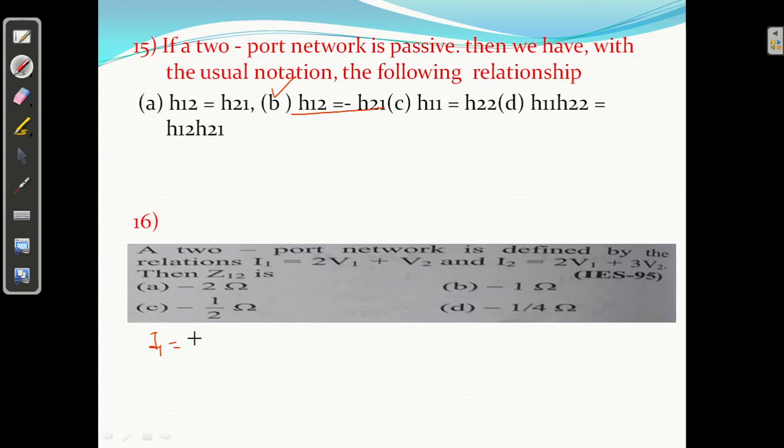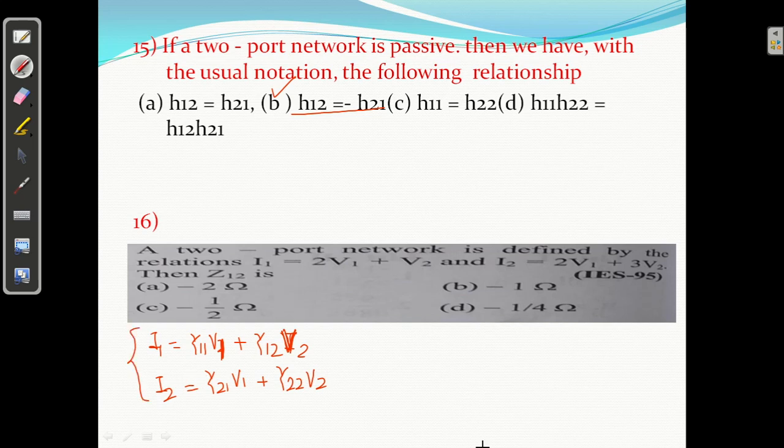Y11 V1 plus Y12 V2. देखो currents are represented in terms of voltage, and I2 equal to Y21 V1 plus Y22 V2. So these are the Y parameter equation.